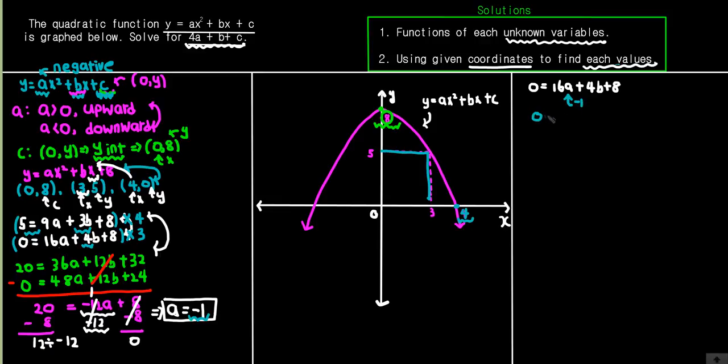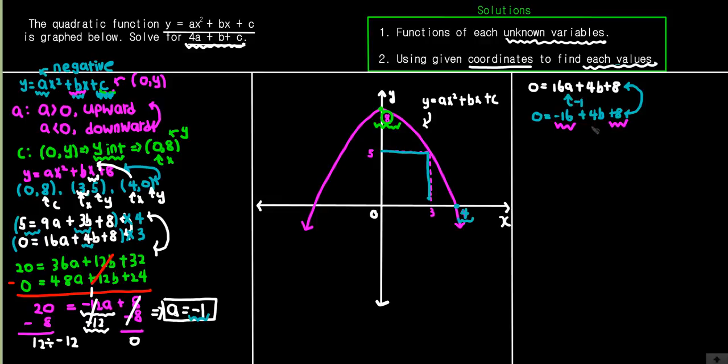And it will be 0 is equal to -16 plus 4b plus 8. The only thing that we changed is that we inputted -1 for a.